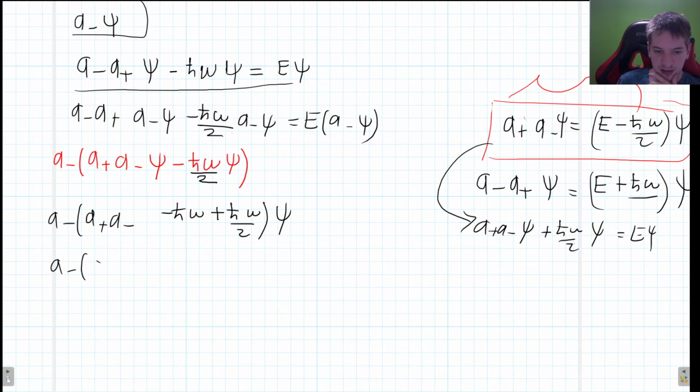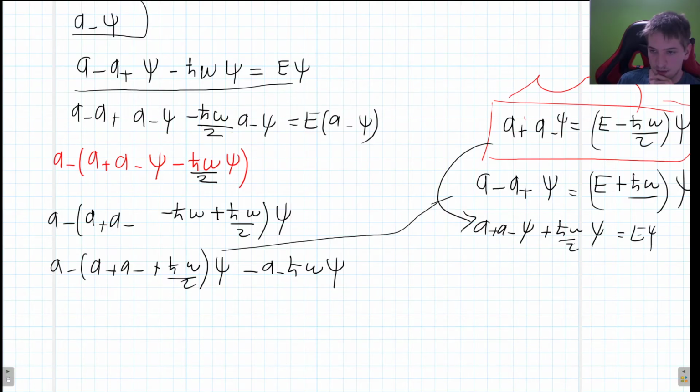So we get a minus times a plus h bar omega divided by 2 times psi, minus a minus h bar omega times psi. But this right here, similarly as before, we can now look at our equations here.